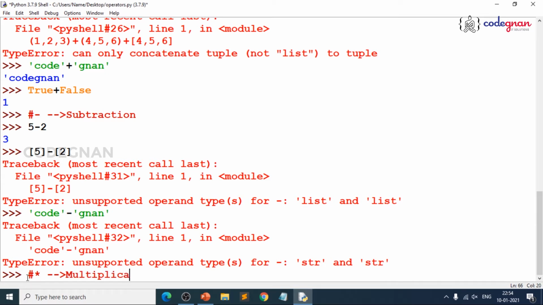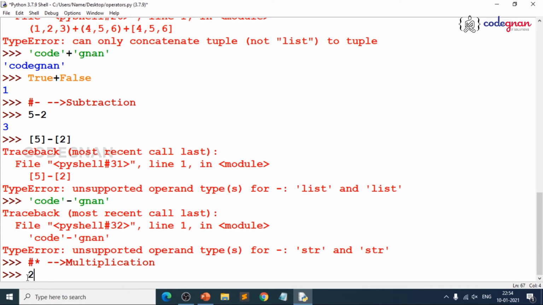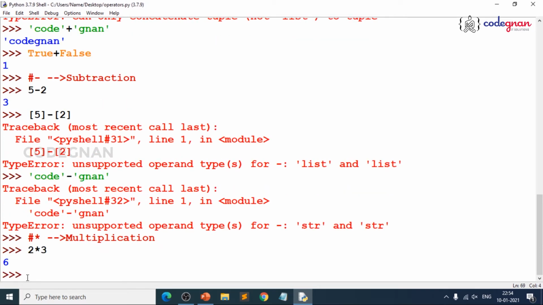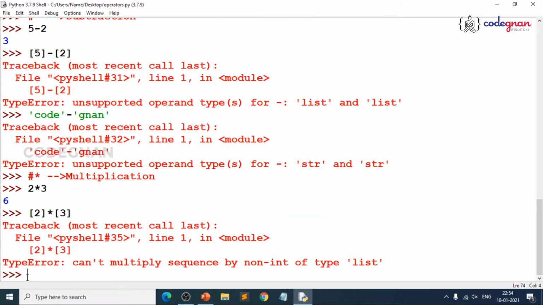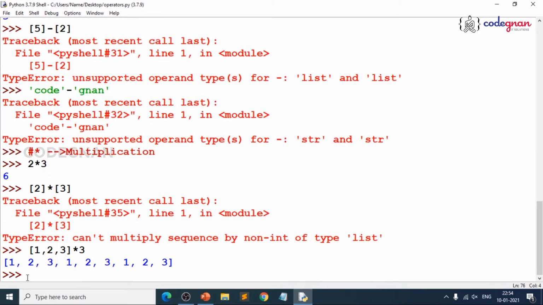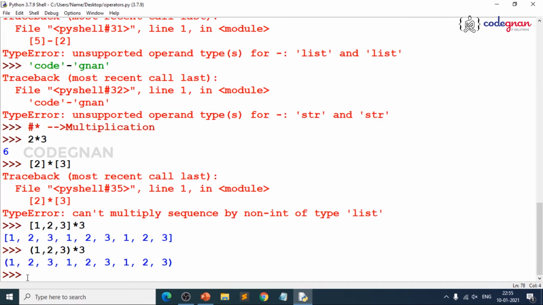Whenever you take two numbers, obviously they will be multiplied, but when you take two lists, that doesn't happen, because a list and a list cannot multiply. But what you can do is repeat a list or repeat a sequence. That is not possible for set and dictionary, because a set will not allow duplicates.